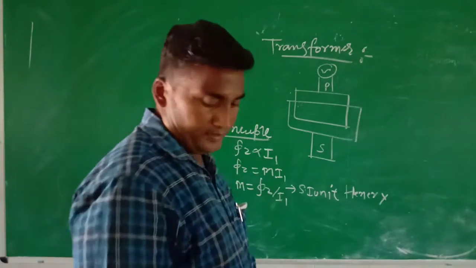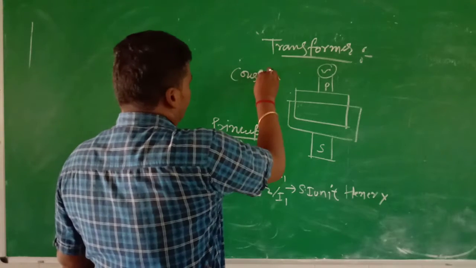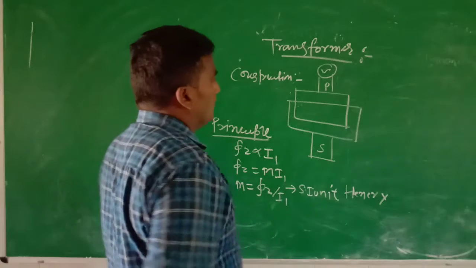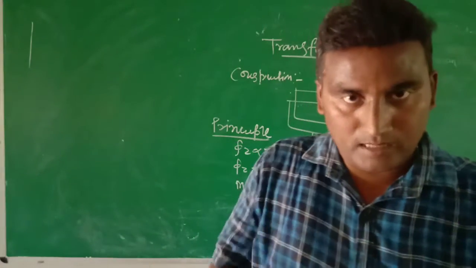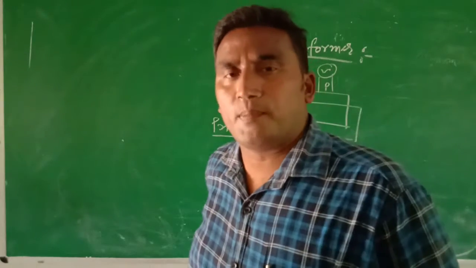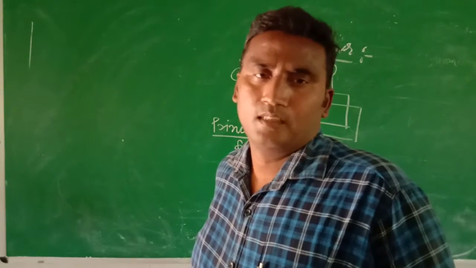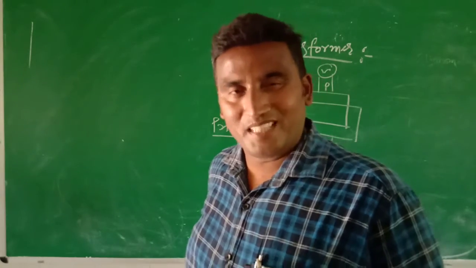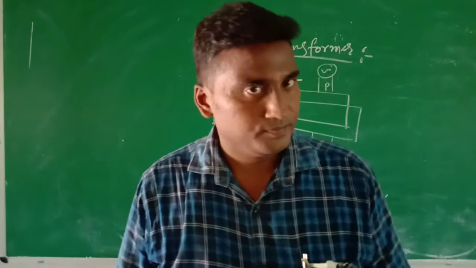Now let us start with the construction. It is a soft iron metallic plate, generally a rectangular plate, and it is wound with laminated copper wire, and the number of turns of the copper wire decides whether the transformer is step up or step down.